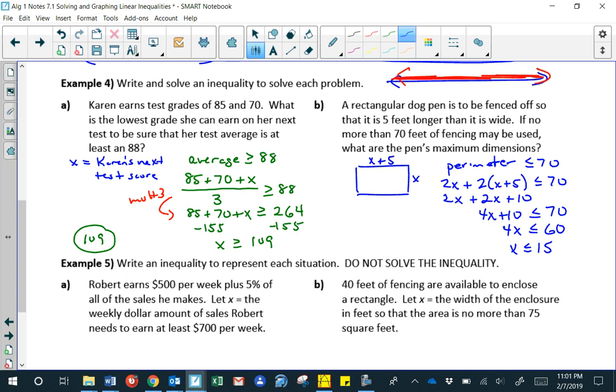So what are the pen's maximum dimensions? Its width would be 15 feet by 20 feet maximally. That is to say that the pen could be smaller.